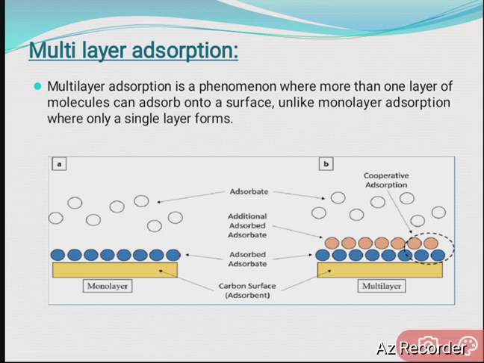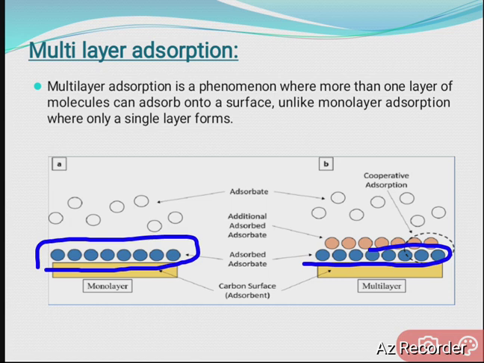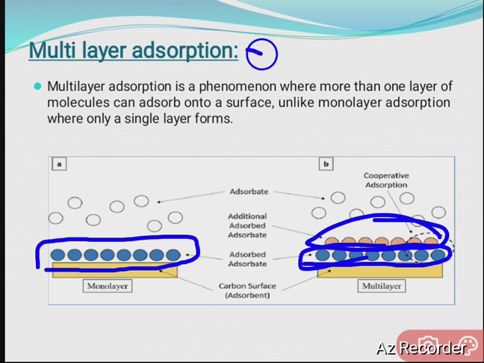See here what happens: only a single layer of adsorbate molecules accumulates on the adsorbent. But in the case of multi-layer, there is more than one layer. This is one layer, this is one more layer. So more than one layer of molecules can adsorb onto a surface. That is called multi-layer adsorption.